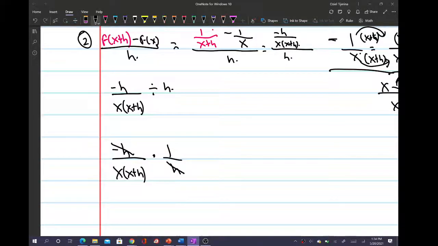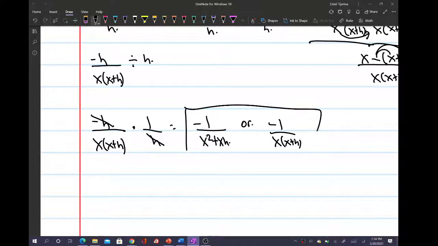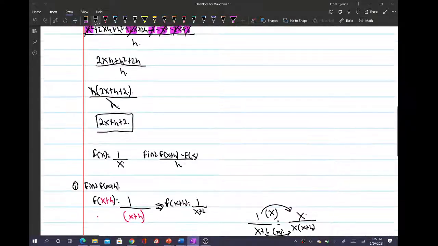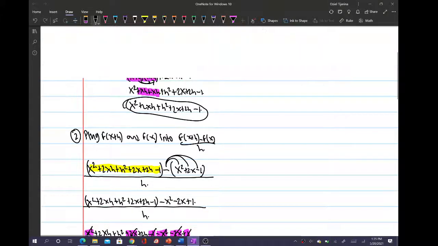This cancels out, and we are left with negative 1 over x squared plus xh. Or you can just say negative 1 over x times x plus h. Depending on how your professor wants it, these would be two possible answers. Okay, so that is what the difference quotient is.